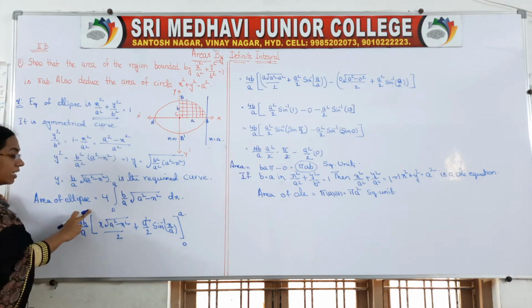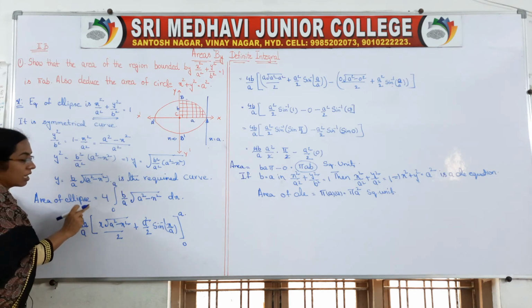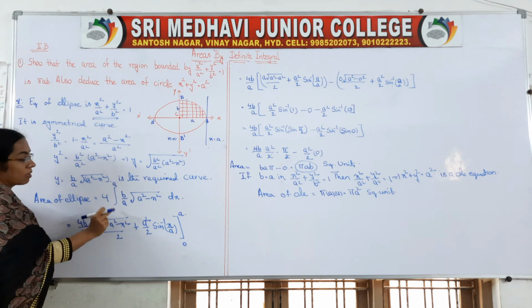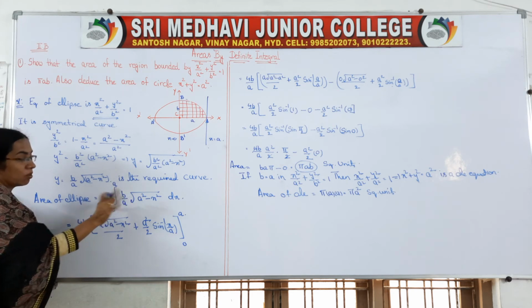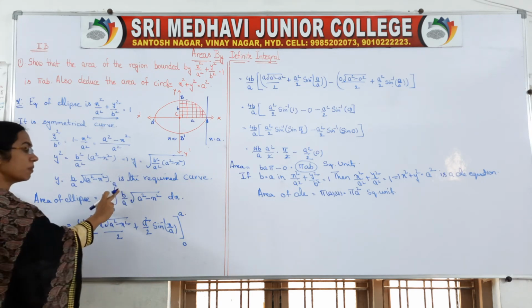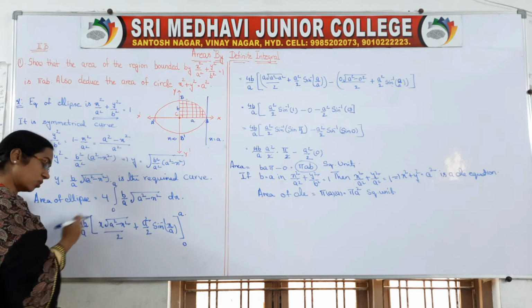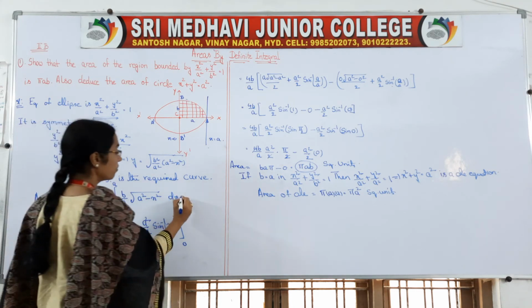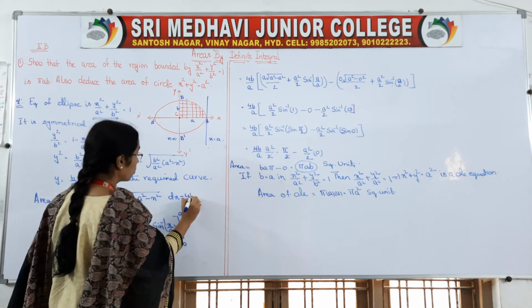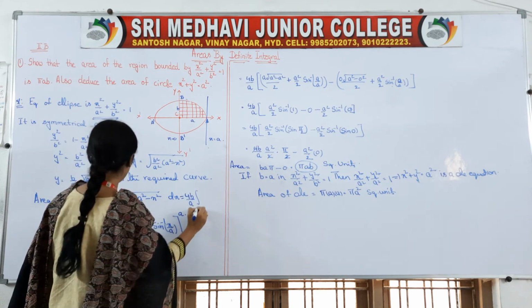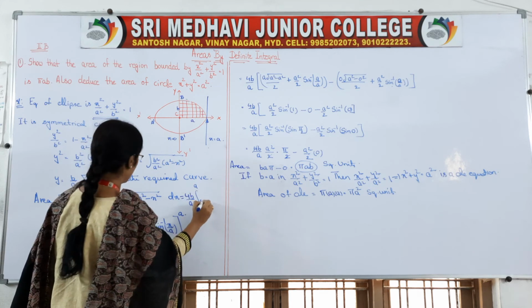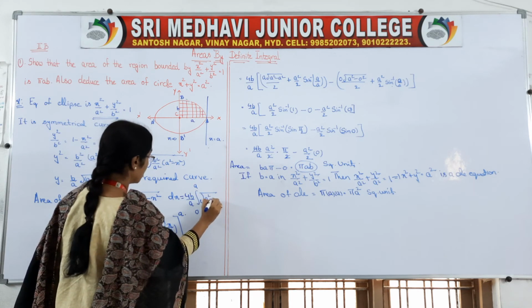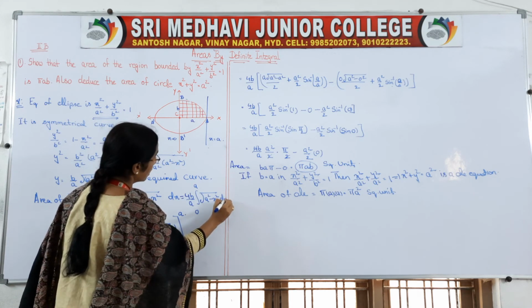Now you find the area of the ellipse. Area of the ellipse is equal to 4 times the integral from 0 to a of b by a root of a square minus x square. So b by a is a constant, so write it outside, and we can write this as 4b by a integral 0 to a root of a square minus x square dx.